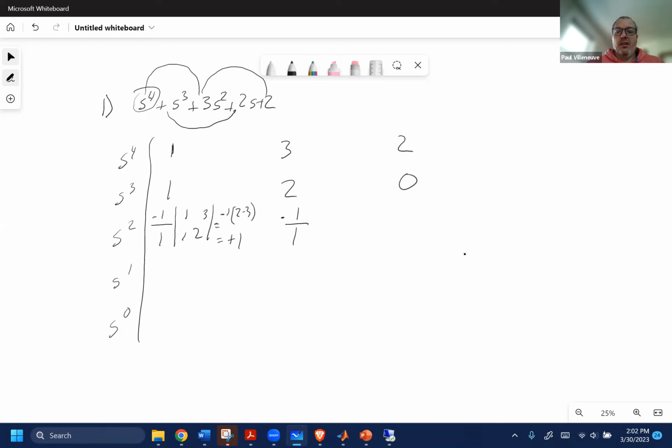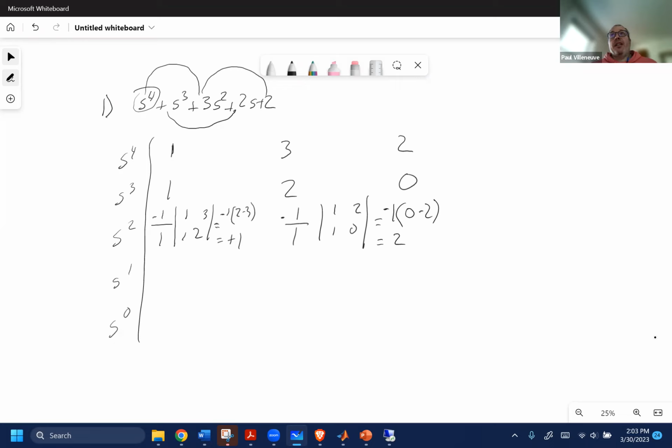So I'm still doing the first column, because that's the one that I was always above it. And then I go to the 1 to the right times the determinant 1, 1, 2, 0. That's equal to -1 times 0 minus 2, or equals +2. Okay. And anything beyond that's going to be 0.